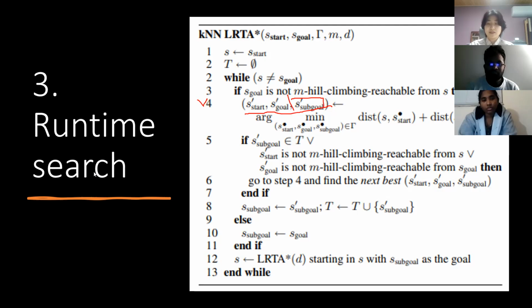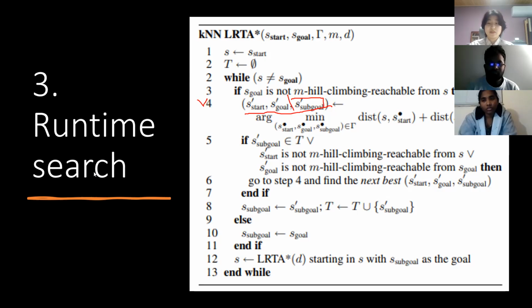The line 3 specifies that the algorithm searches the database only if S goal is not reachable from the actual start. If they are near enough to generate an optimal path, then it is not necessary to move along with subgoals.